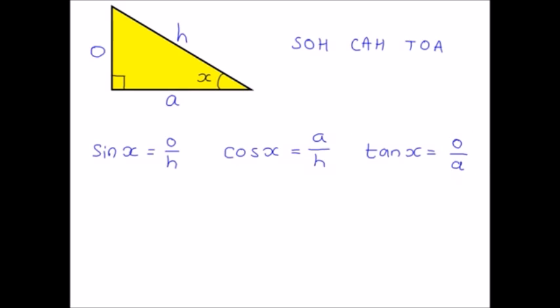A quick application at this stage. Our right angle triangle has these sides: sine x, opposite over hypotenuse. The cosine of x, adjacent over hypotenuse. Tan x, opposite over adjacent.